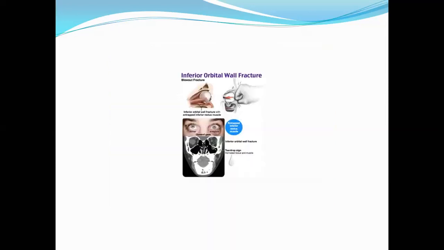In this diagram, you can see nicely how the fracture of the orbital floor has occurred and what it has resulted in. Though it's very small in size, you can appreciate it. And there is a teardrop sign too.